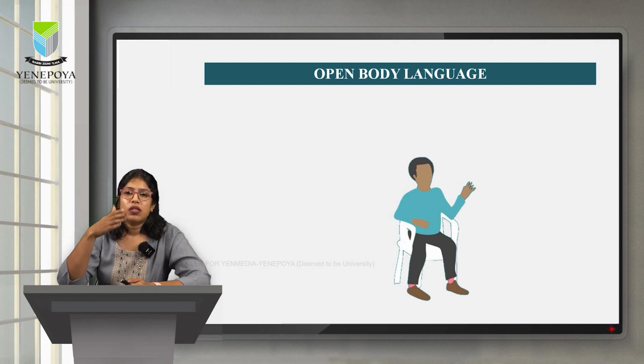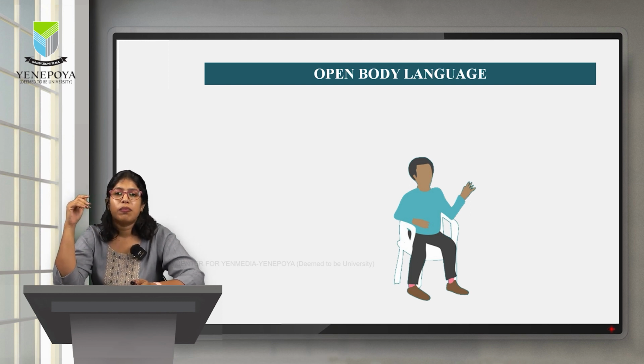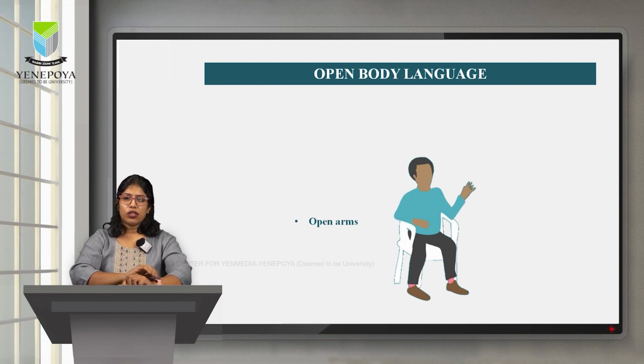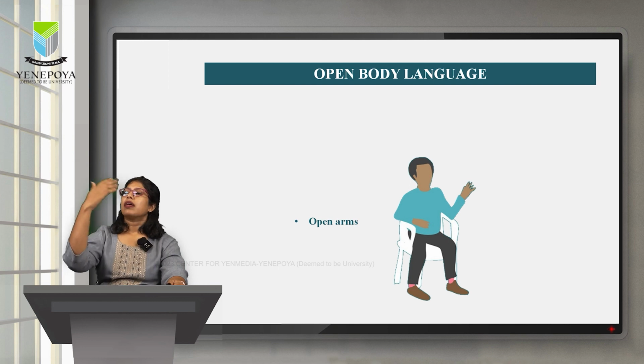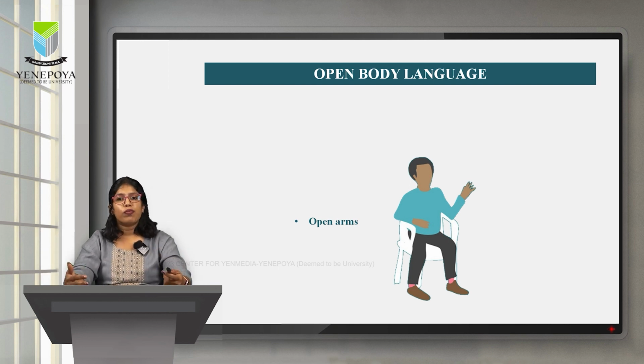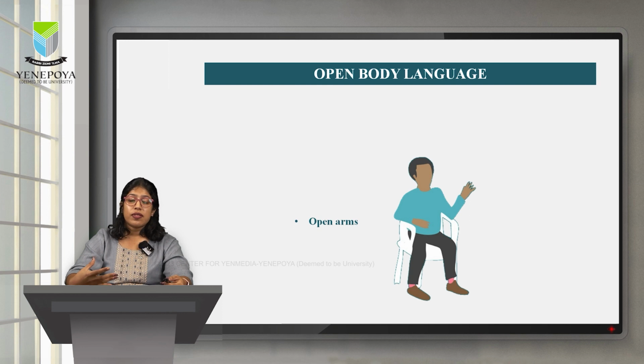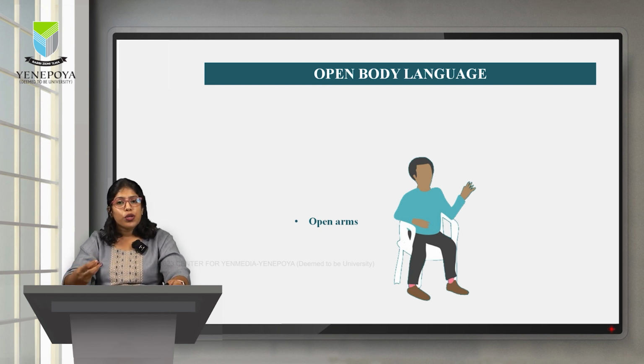Now we'll talk about the different types, and this will be coming under body language. Open body language. Now what do you mean by open body language? If I continuously sit like this during my session and teach you, it would show that I am disinterested and you would turn off this video at this right moment, right? But if I have an open body language, I showcase my hands, I move my arms, I show you my face with different facial expressions, you would also be interested in listening, right?